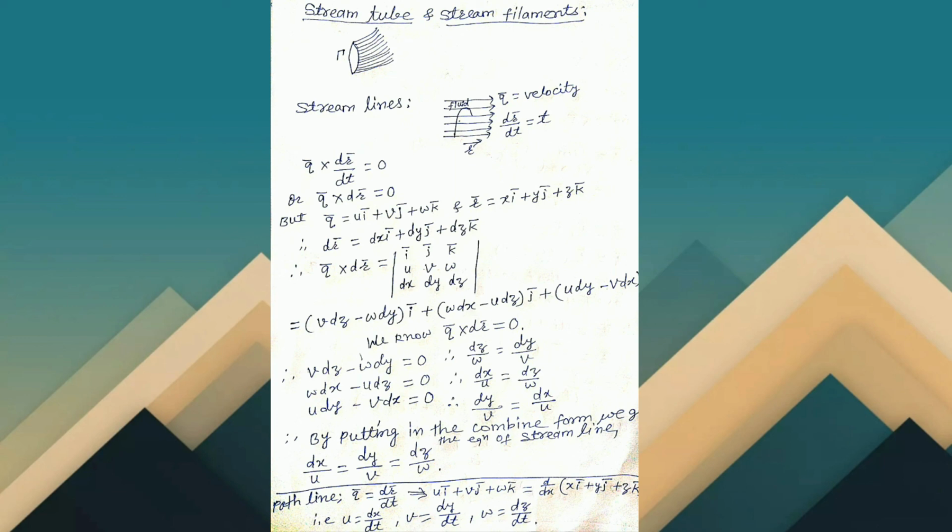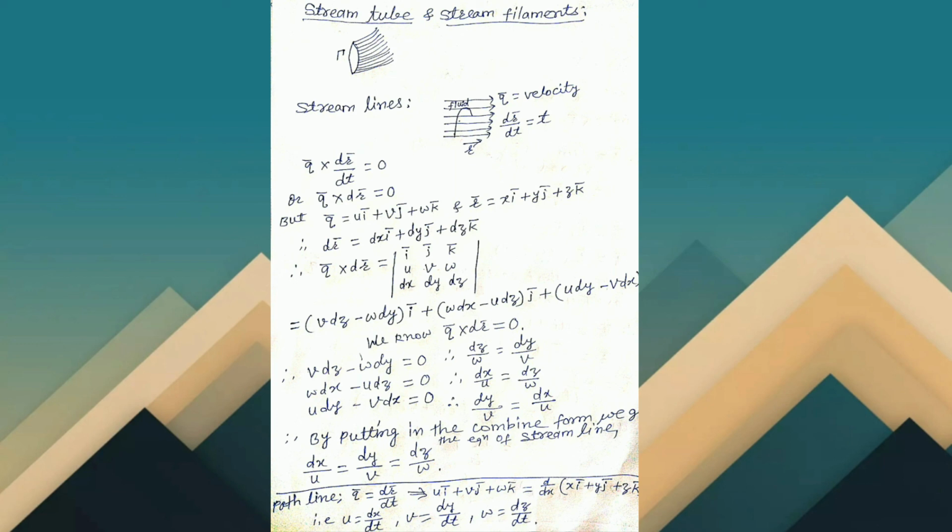So in a steady flow, the streamline does not vary with time and coincides with the path line. So we have seen the difference.